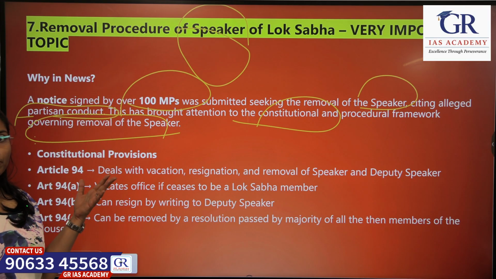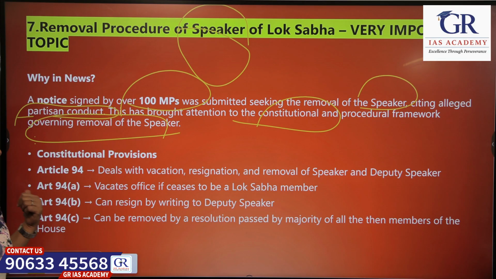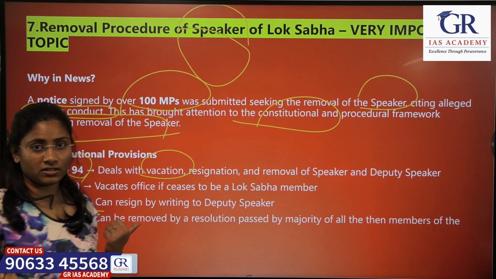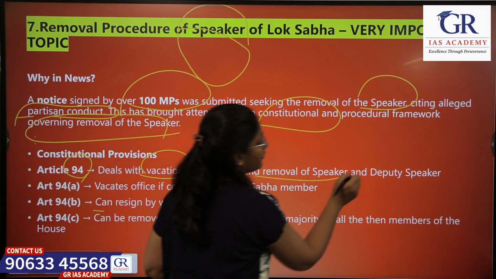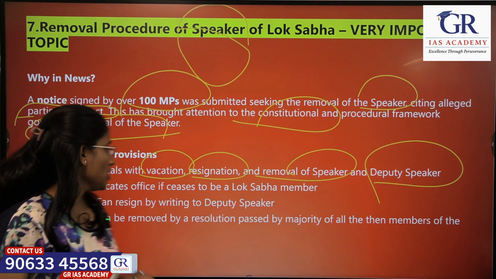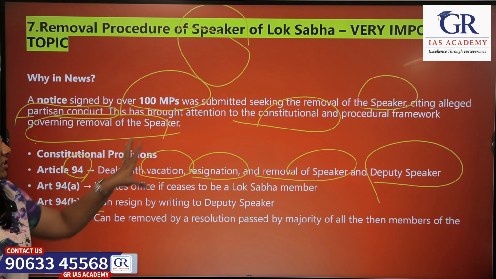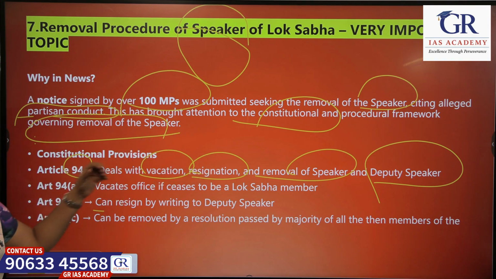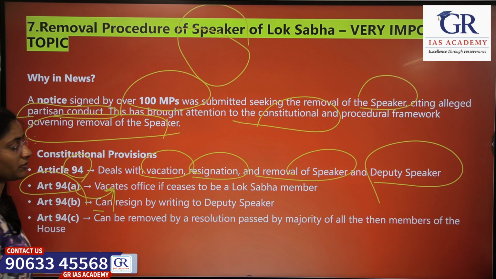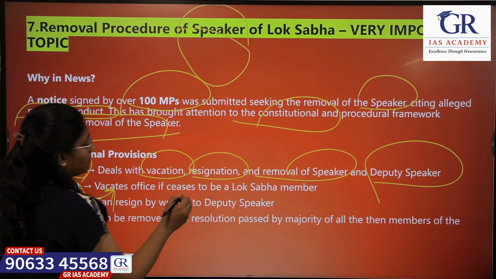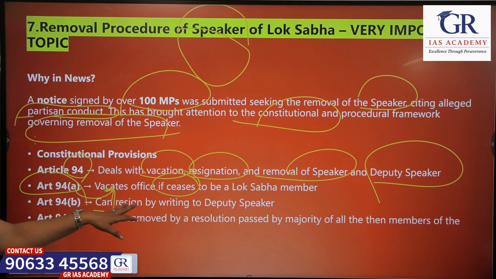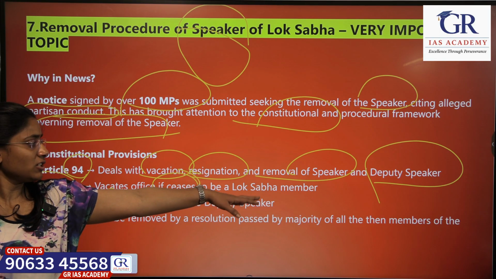So what are the provisions given in the constitution for this purpose? Article 94 speaks about the vacation, resignation and removal of the speaker and deputy speaker. So Article 94 gives us the details of how to deal with these things. And what about the Article 94 sub-clauses? 94(a) deals with vacating the office of Lok Sabha speaker if he ceases to be a Lok Sabha member.